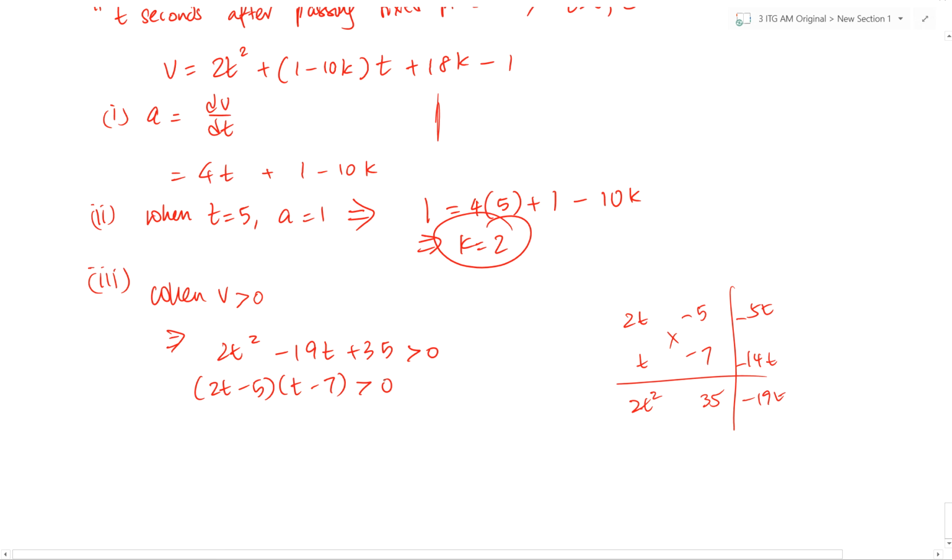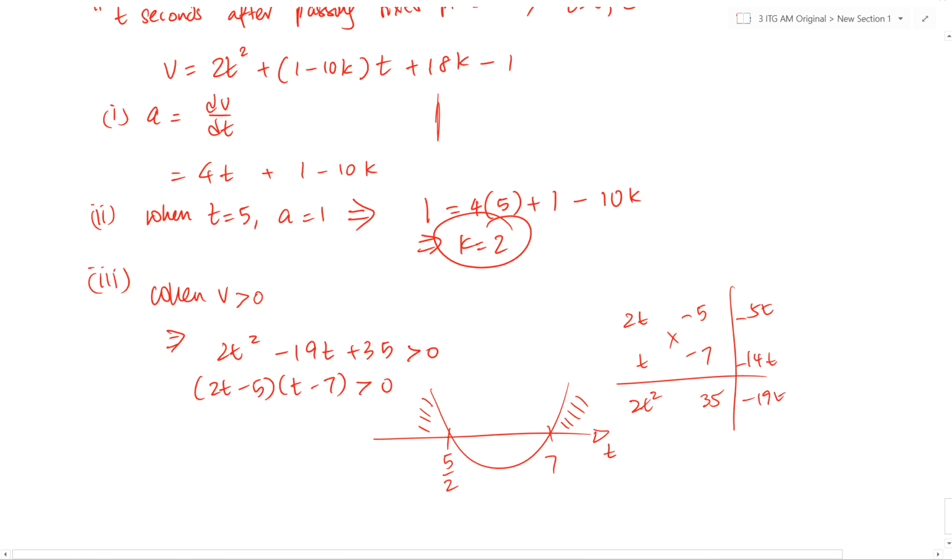Okay, this is a quadratic inequality. So in order to solve the quadratic inequality, I need to draw my graph. It intersects at 2 points, 5 over 2 and 7. We need the portion that is greater than 0, so we have 2 regions right now.